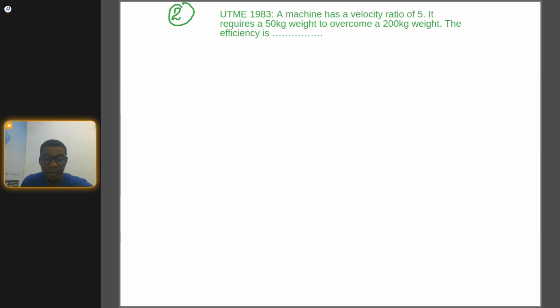In the question, we are given the velocity ratio, VR, to be 6, and we are given it requires a 50 kilogram weight to overcome a 200 kg weight, which implies that the load we want to overcome is 200 kg, and the effort required to overcome that is 50 kg.